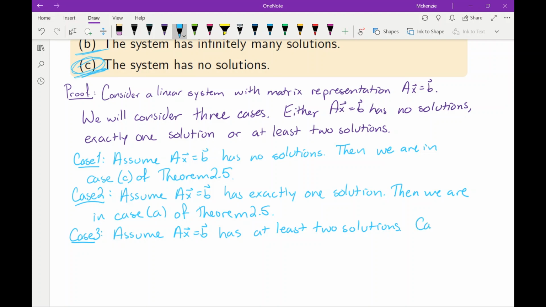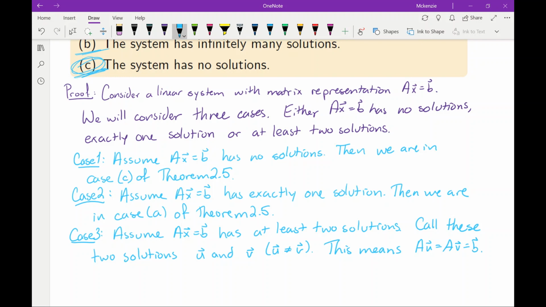Let's call these two solutions that we know we have u and v. And we'll remind ourselves, since we have two, u is not equal to v. So this means that they're solutions, that A times u and A times v are both equal to b.